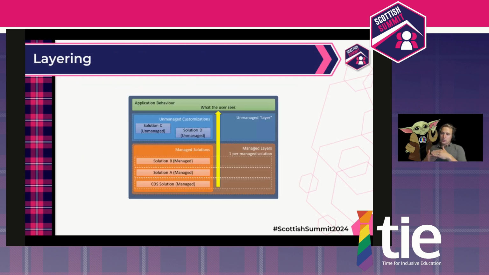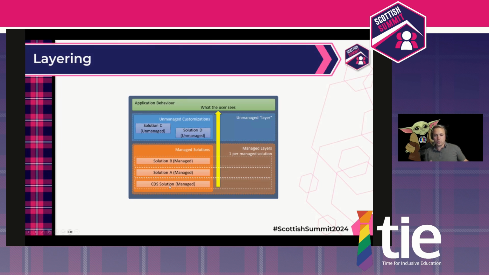Then when it comes to solutions, we also have something called layering, which is important to know about, because we sometimes have problems with it, and Microsoft is planning on changing that a bit. But basically, for every managed solution you have installed in your environment, you get a new layer.